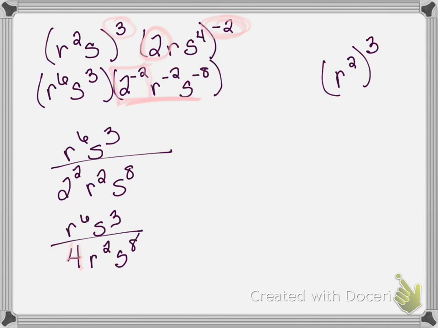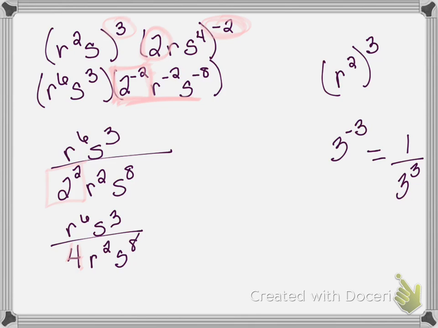We've got 2 to the negative 2 power. When I move this 2 to the negative 2 power to the denominator, my exponent becomes positive. Okay, that's why. So if I've got 3 to the negative 3rd power, when I rewrite that, it's 1 over 3 to the 3rd. I would have had to have a negative in front of that 4. That's what I would have had to have.